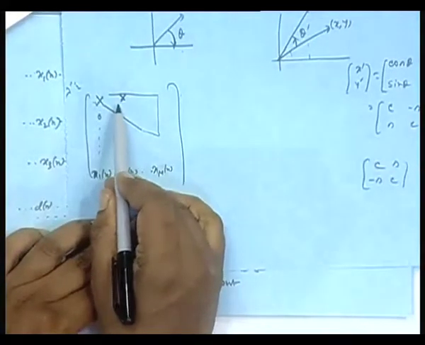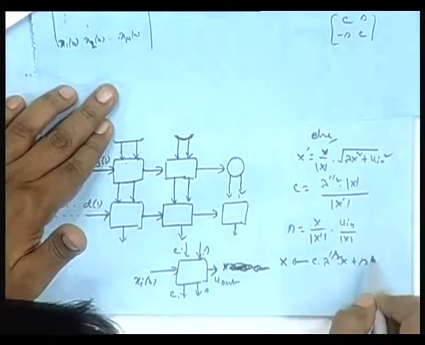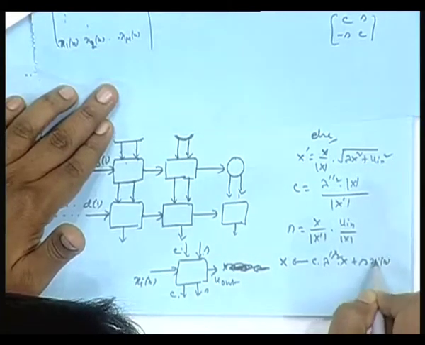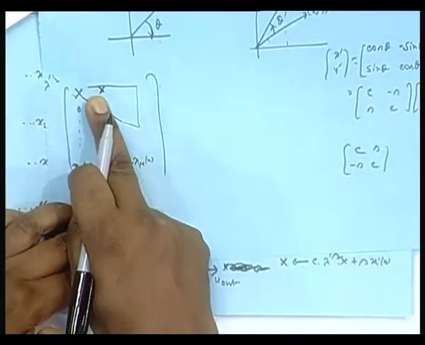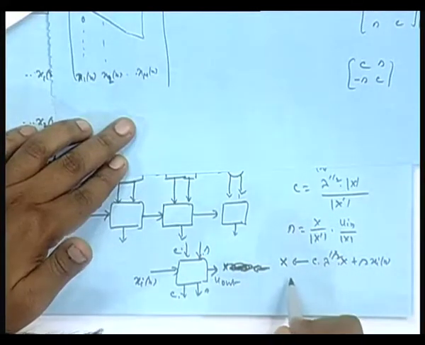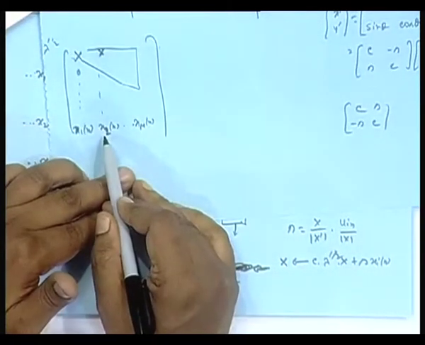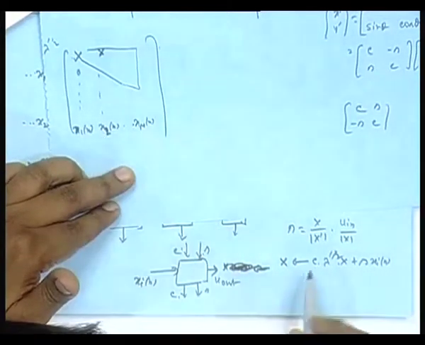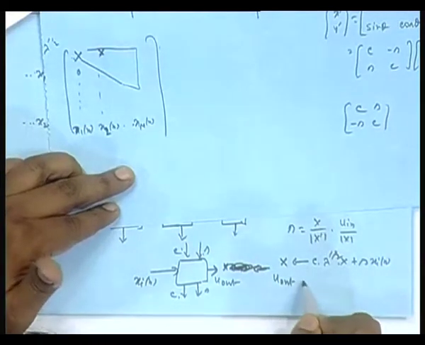C times lambda to the power half x and s times this new fellow x i n, that will go for x here. And what will happen here? This guy will be called u out. In fact, we should call it u out n, but I am just dropping the index.